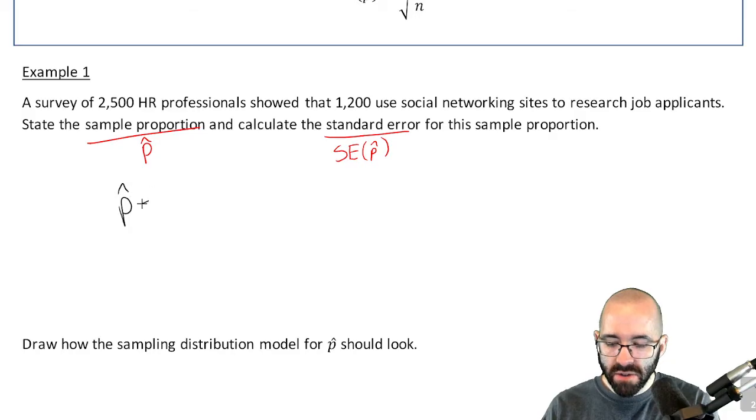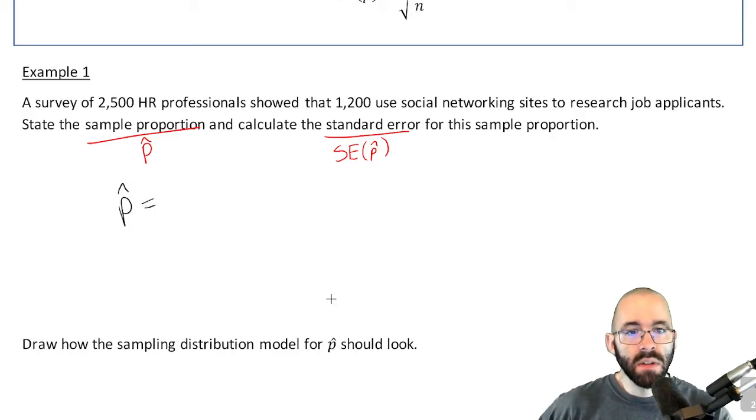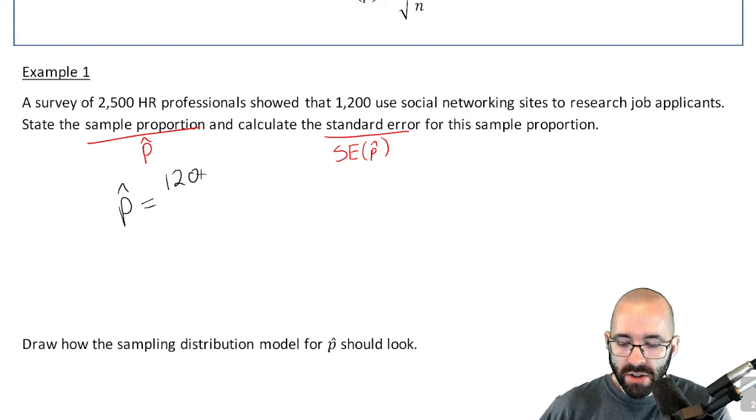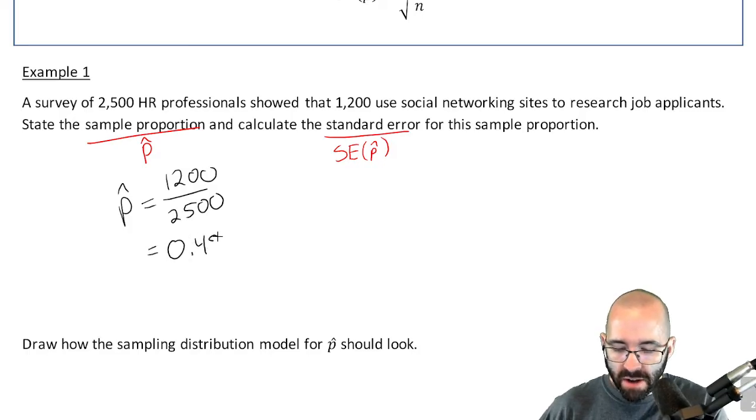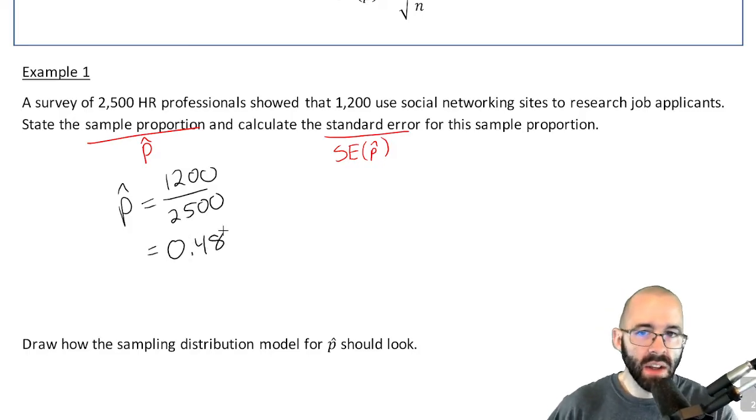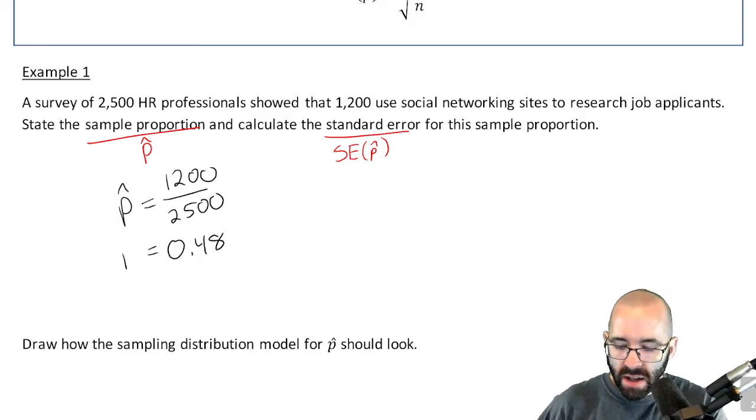What proportion from our sample use social networking sites? Well, 1,200 used it. There were 2,500 total. So again, part over whole is how we do that. And when you reduce this, you're going to get almost half, 48%, 0.48. That's our p hat. This is our sample proportion.